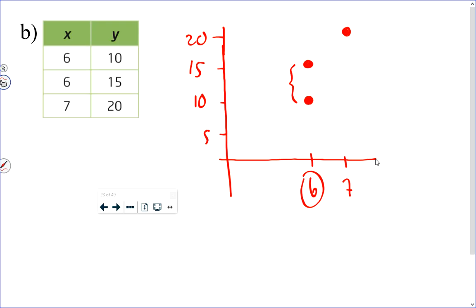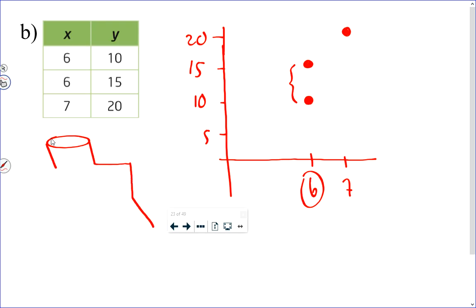If you think of this in terms of that machine model, this is saying when I dump 6 in here, it spits out 15 and it spits out 10. Because we get multiple outputs for a single input, this is not a function.